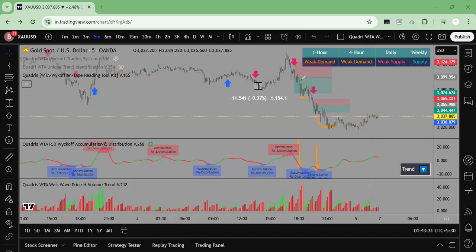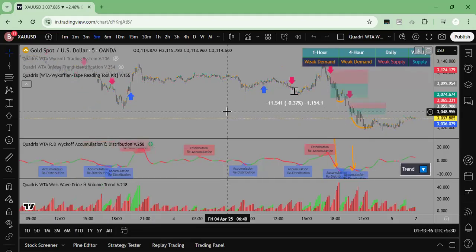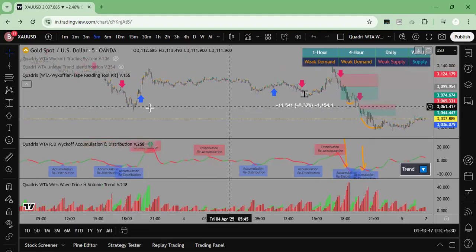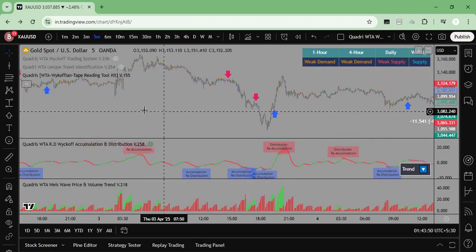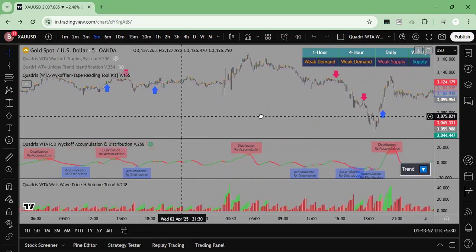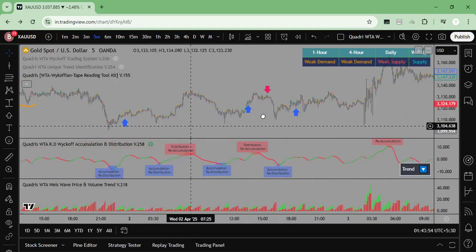So in yesterday's video, like 2 days back, I have uploaded a video regarding this particular trade setup. So what I'm doing is taking whatever trades I got in this entire week, starting from 31st of March 2025.